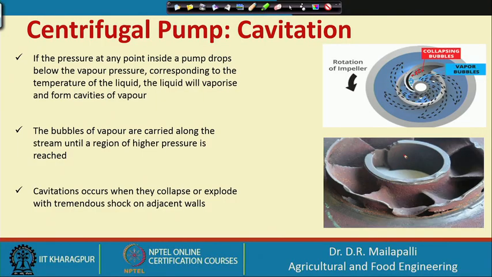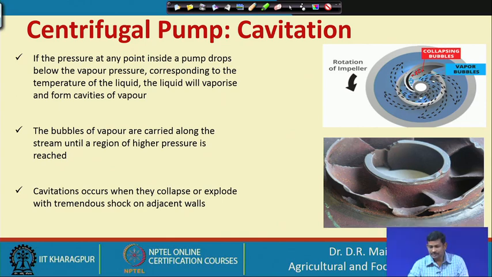This is due to cavitation. This is, for example, an impeller. Due to the cavitation, the impeller edges are going to wear. There is chipping of the impeller surfaces, or wearing of the impeller surface, and when it is severe it is going to damage the impeller. So this clearly shows how cavitation forms at the center of an impeller.